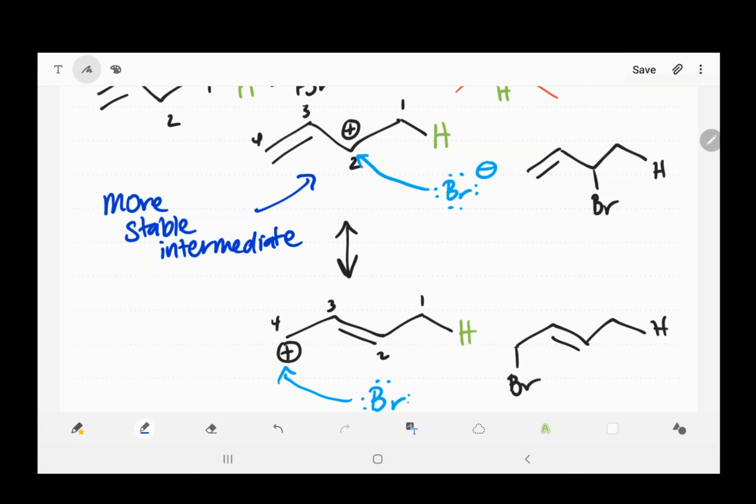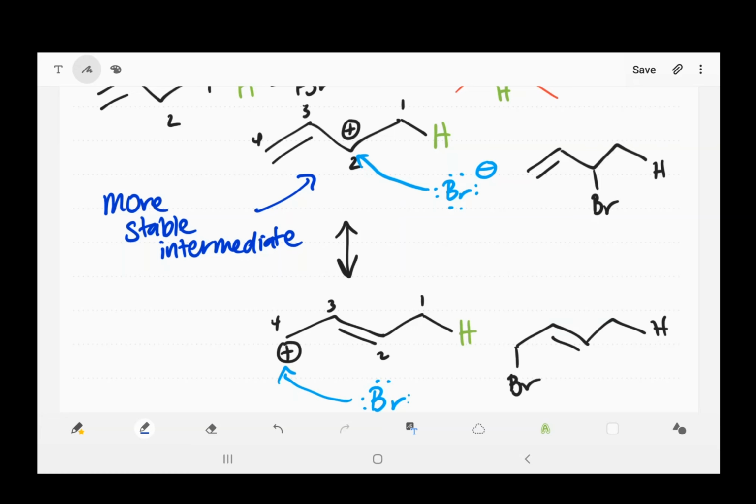Perhaps we remember something about alkenes and their stability. What do we remember about that? What kind of alkenes are more stable in a product? If you have the choice between forming multiple alkenes, what's going to be the best option?